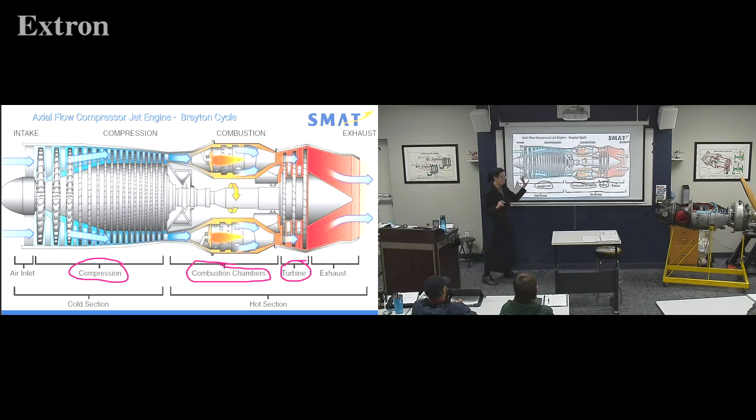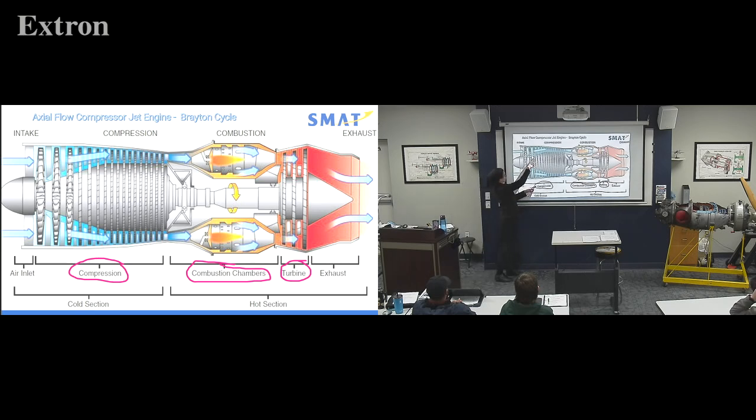What do you think is happening to air as we go through the compressor section? It's getting compressed, and the compressors are squeezing it down. Here's just a little tidbit I'm going to throw out there.